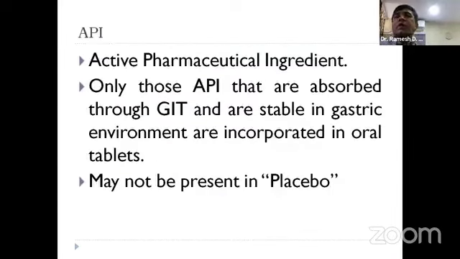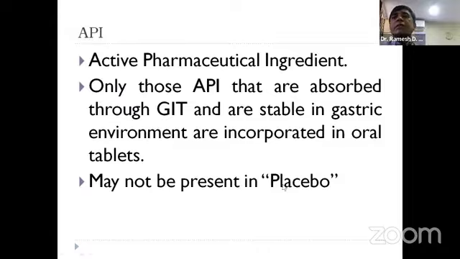So let us start with the API. API is the active pharmaceutical ingredient. We are not using the word drug. We are using the word API because there are a number of active agents which we are incorporating that are not drugs, but nutritional supplements, for example, vitamins or amino acids. And that's why we call them API, active pharmaceutical ingredients.